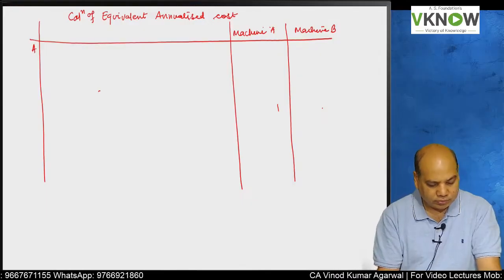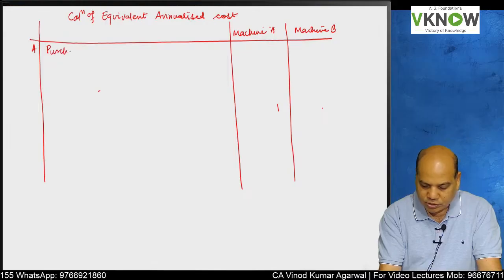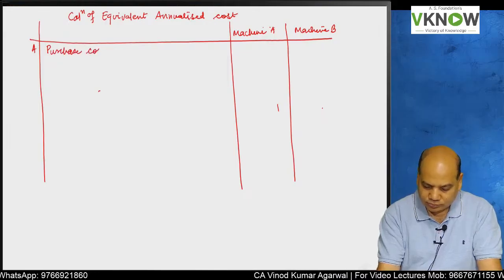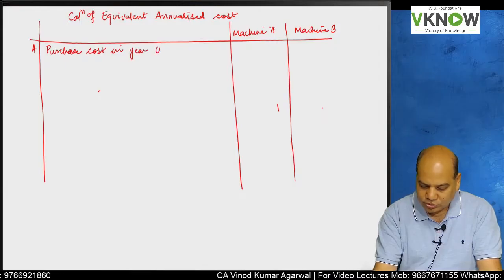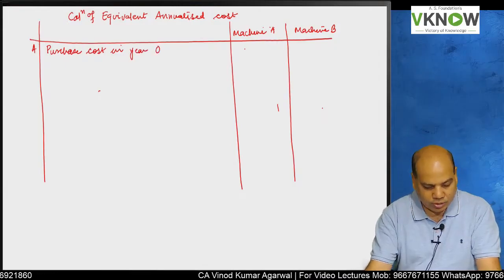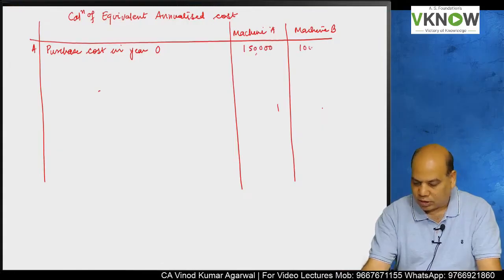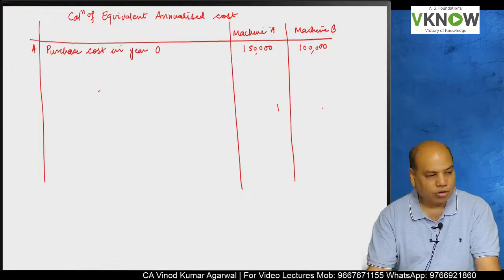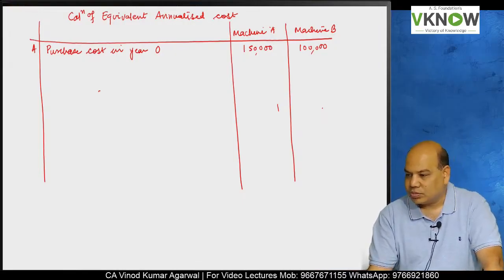First, point A. What is purchase cost in year 0? Purchase cost in year 0 is 1,50,000 and 1 lakh. In this question, our objective is cost minimization.